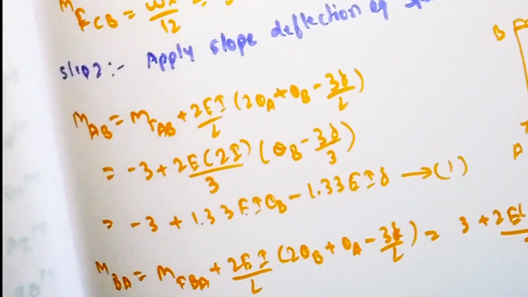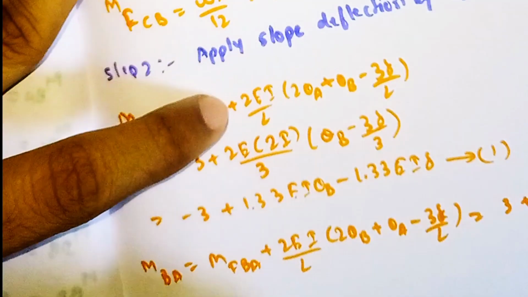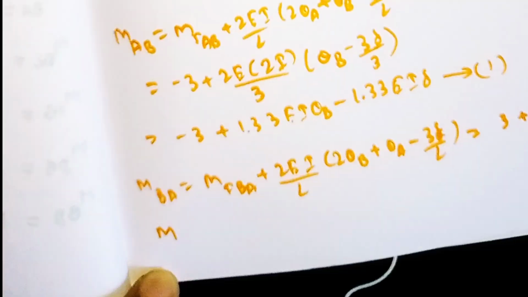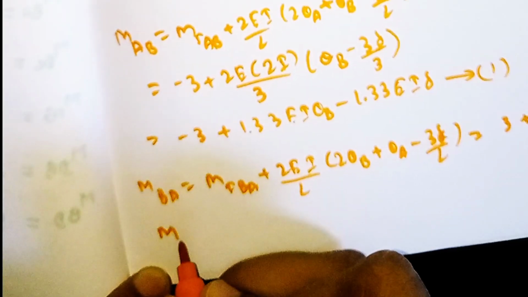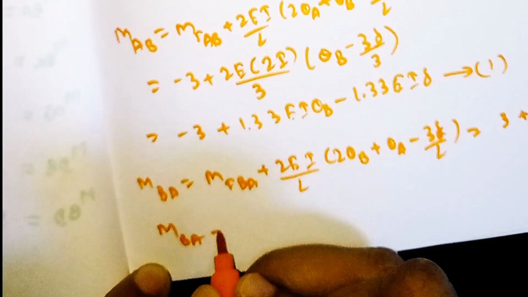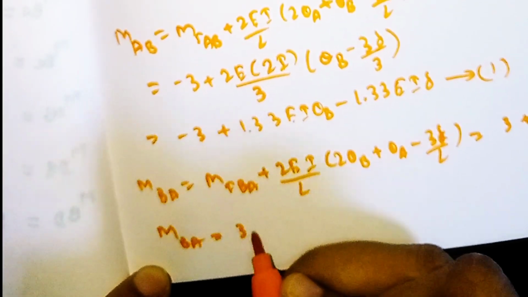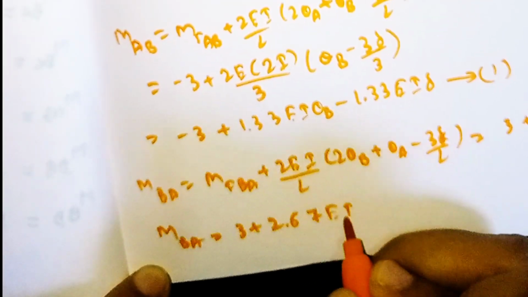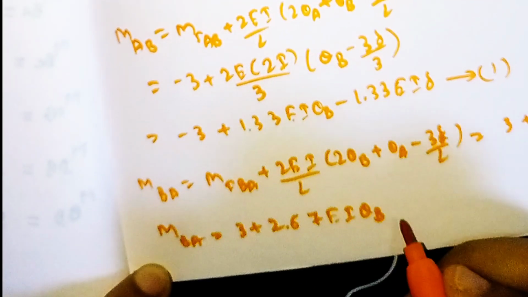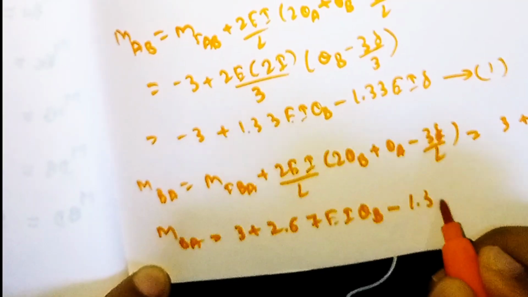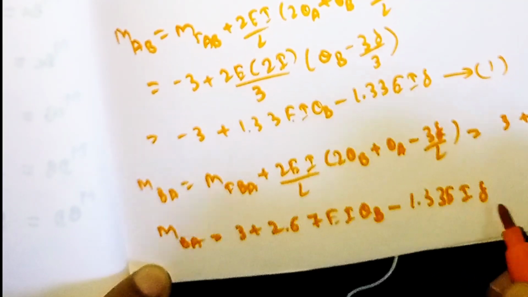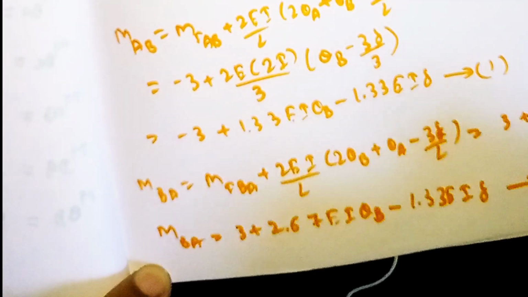Substitute and simplify. It comes out as M_BA is equal to 3 plus 2.67 EI theta B minus 1.33 EI delta. Call it equation number 2.